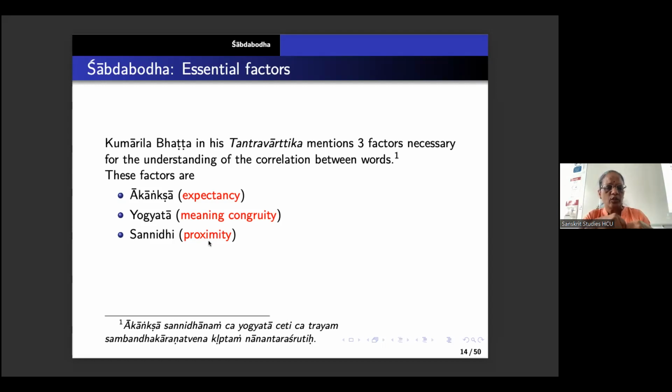There should be meaning congruity. And there should be a proximity between the words. They should be nearby. Of course, there are certain violations to it, which we will be looking at in the next talk. But these are the three constraints: ākāṅkṣā, yogyatā, and sannidhi.